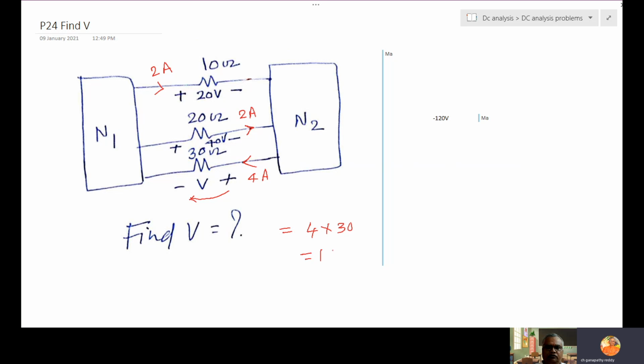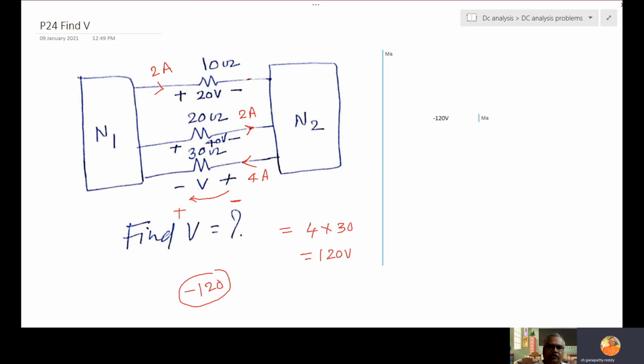That is 120 volts. If they ask with this V polarity, this side positive, this side negative, in that case you will get minus 120. So plus 120 or minus 120 depends on this V polarity.